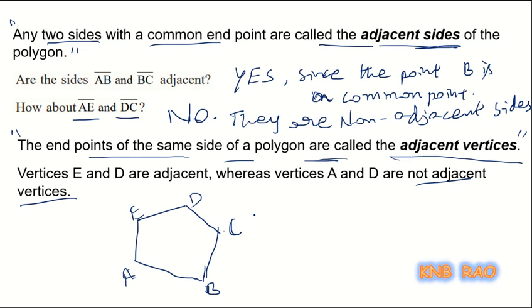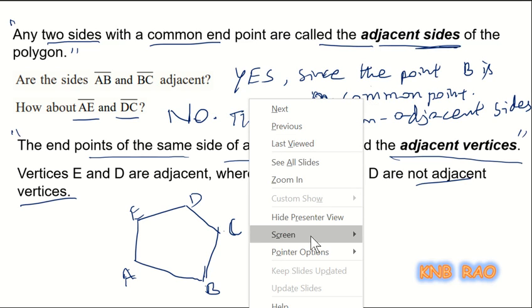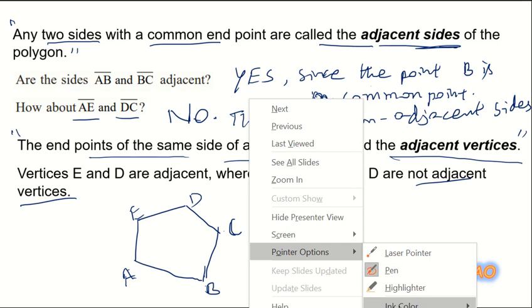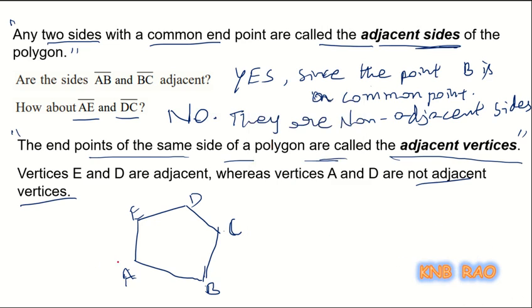So I will change the color and draw. This is joining of one pair of non-adjacent vertices.